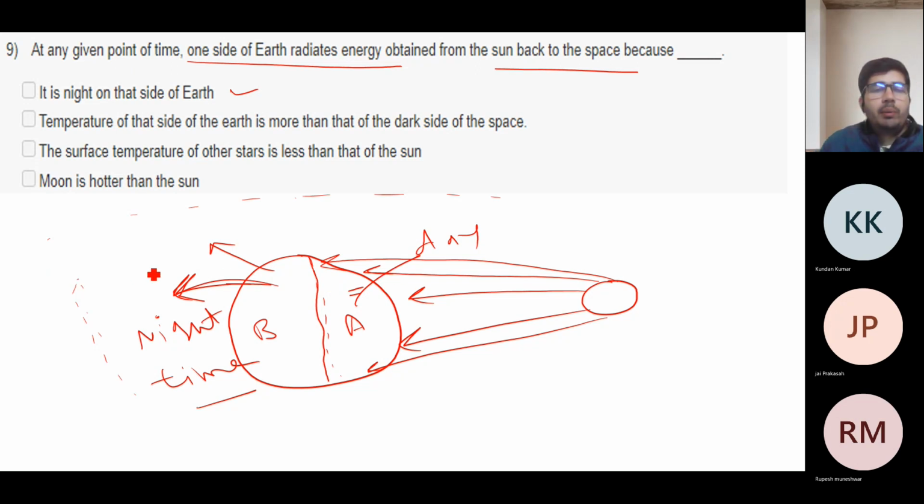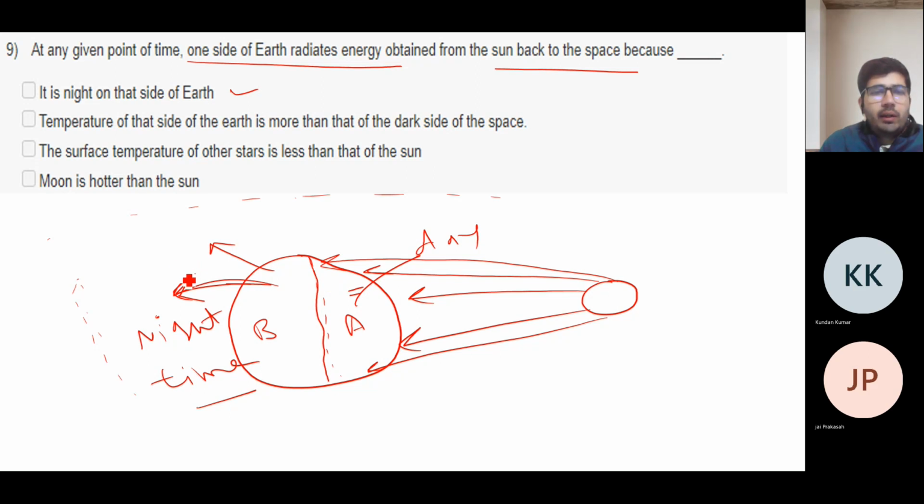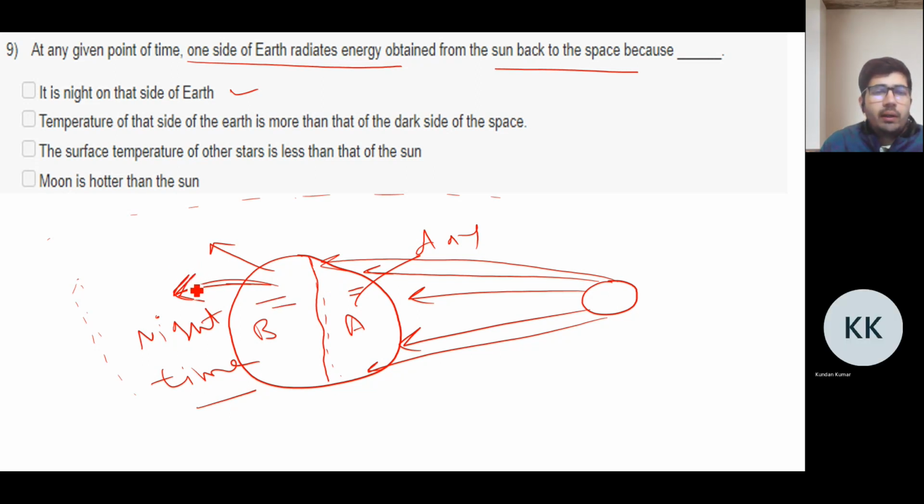So there will be a temperature difference. The temperature of the surface of B as compared to the temperature of the space will be higher, so the Earth will radiate heat to the space.